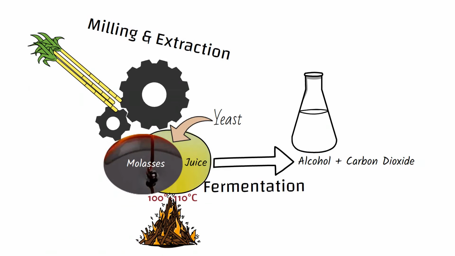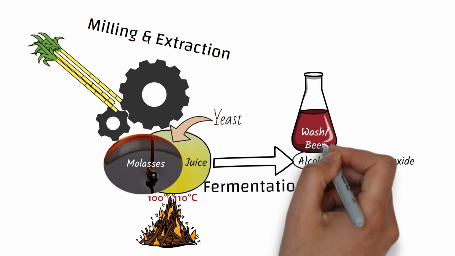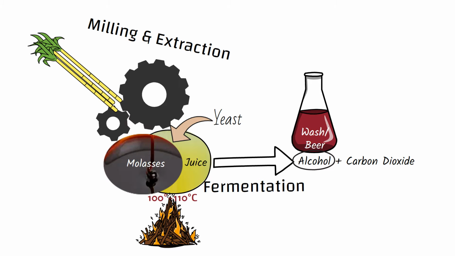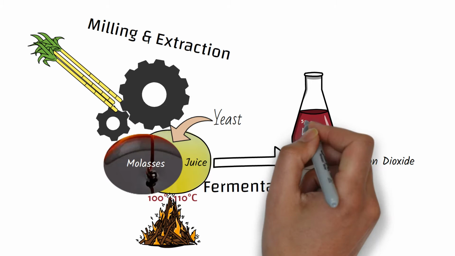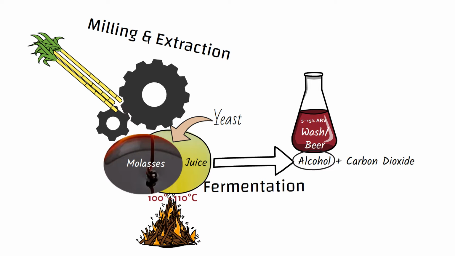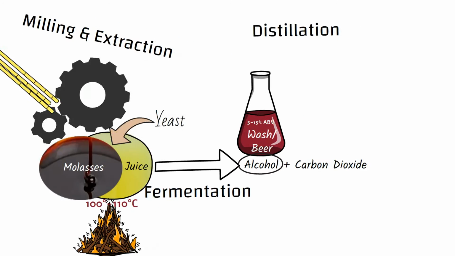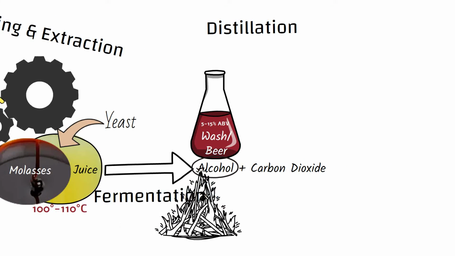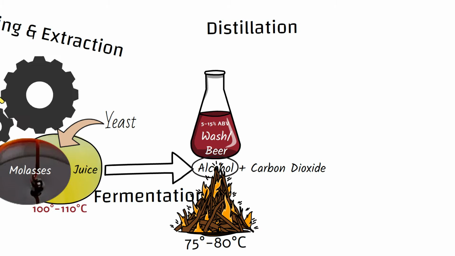Now this carbon dioxide escapes into the air and we are left with this fermented alcohol, also known as wash or beer, which typically has an alcohol content of roughly 5 to 15%. After fermentation, the wash goes through the distillation process, in which we heat this wash to around 75 to 80 degrees Celsius.